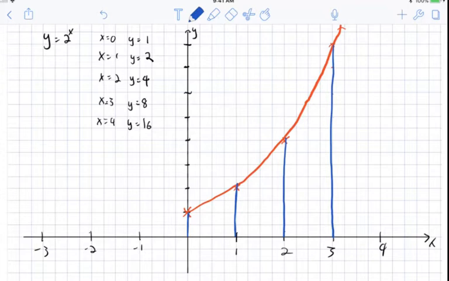So the deal here is that this line, it's one step over. This line is twice the height of this line. It was originally 1, and now it's twice as big. And then one more step over. It was originally 2, and now it's twice as big as before. So now it's 4.